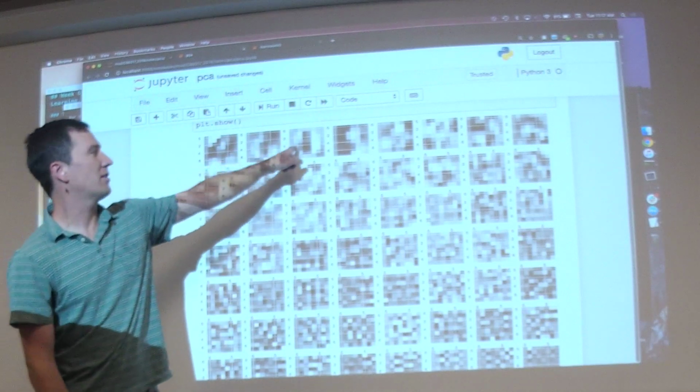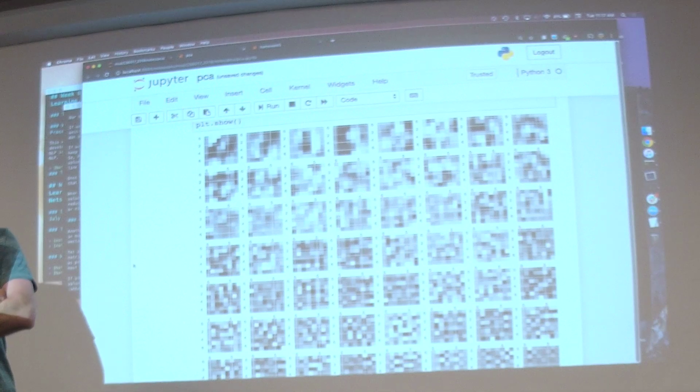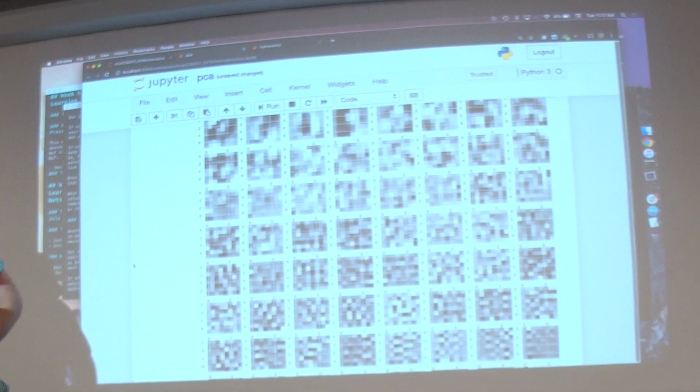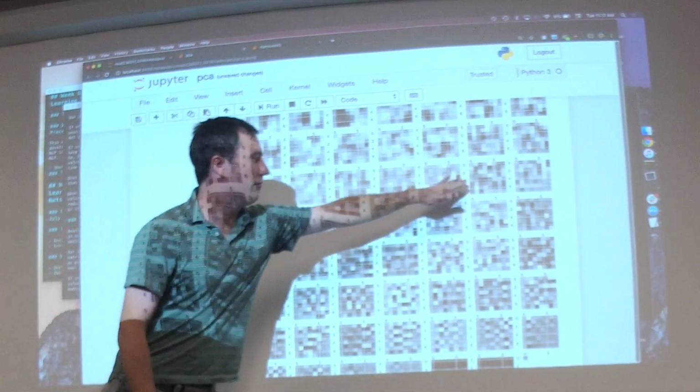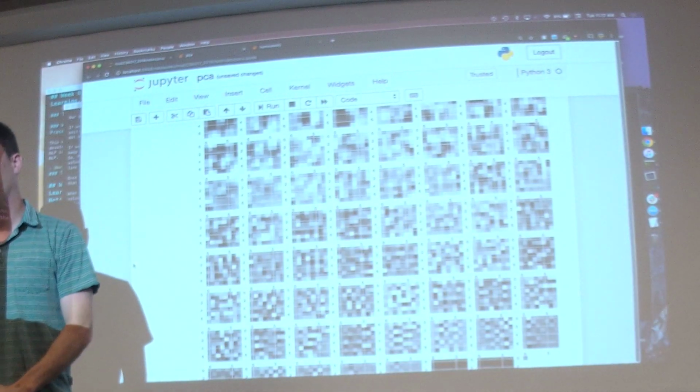The next couple are kind of big regions that are indicative of some of the numbers. And as we get down to here, basically from here down, it's just noise.